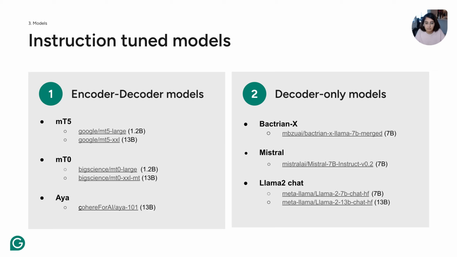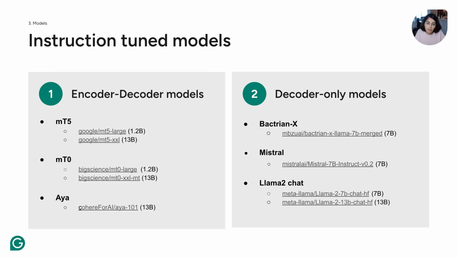This is the list of models that we have picked for our evaluation. Talking about encoder-decoder models, we've used MT5 and MT0, which are widely popular encoder-decoder models. We have also used Aya, which is a model by Cohere, which has Ukrainian listed as one of its medium-resourced languages, and it performs significantly better than the MT0 models.